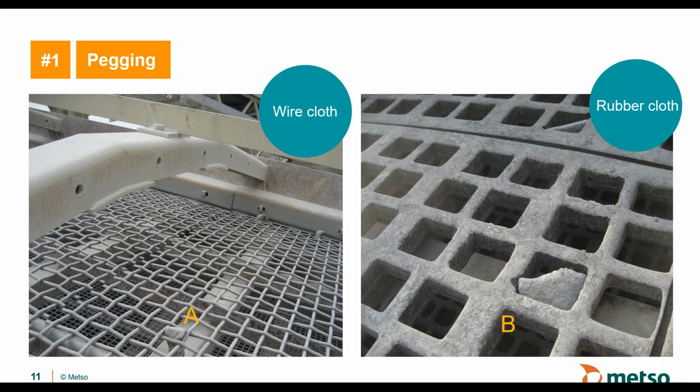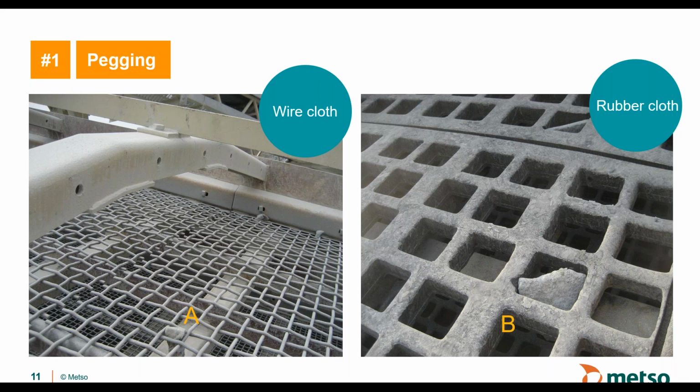If we look at the right-hand side picture, it's really this similar phenomenon. The rock is pegged in the opening just above the crossbeam. You can see the crossbeam through the apertures of the screen, and this is a rubber cloth.